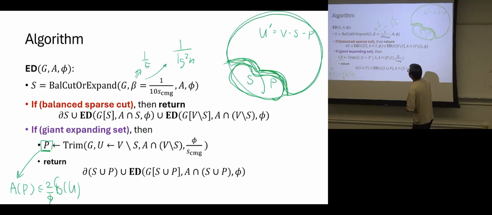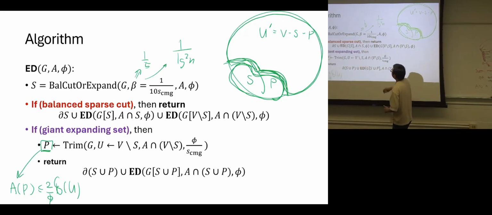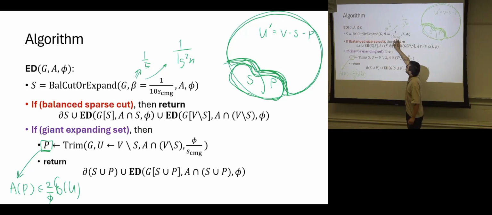How should I say this? If beta is too big, it's bigger than this one. Sorry, this S here, I forgot to say, S cut matching game here is just the factor log square from the cut matching game.